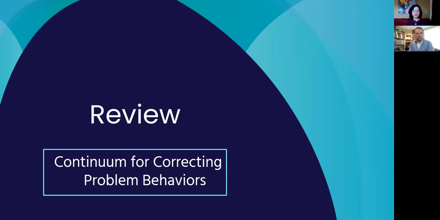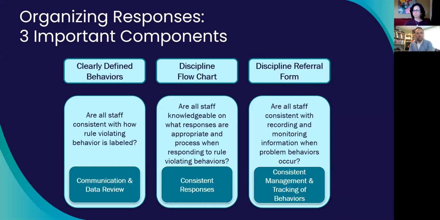So the last time we met, we talked about building a continuum of responses for addressing problem behavior. This is basically your discipline system. And we reviewed 3 important components to developing a hierarchy of responses to behavior. Clear definitions for understanding behaviors, a discipline flowchart, and discipline referral forms.